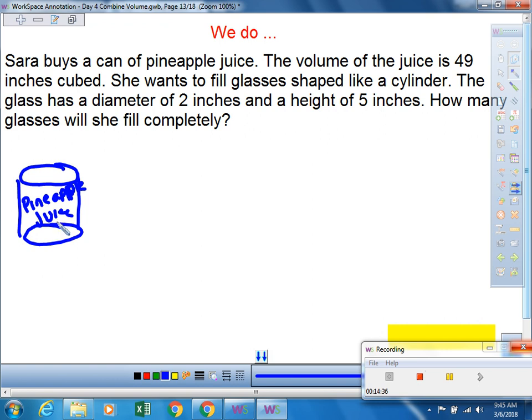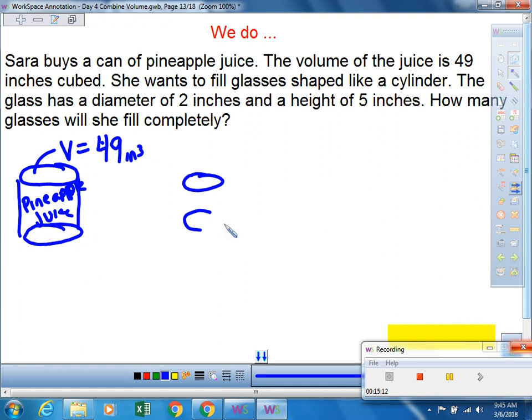A square prism. It could be a triangular prism. Because they just told me that the volume is 49 inches cubed. That's a lot of... No, probably not. All right, but they do tell me that the glasses are shaped like what?